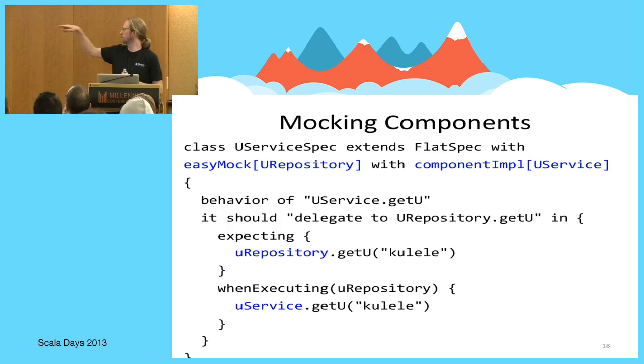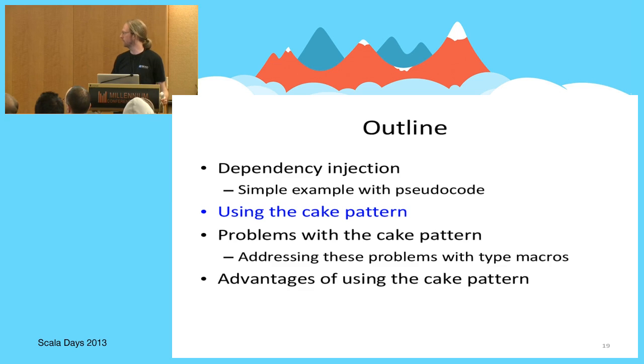So I'm going to put up some pseudocode here for U repository, a mock version of that, and the implementation of the U service. And in my test, I can call the U repository and get the mock, and I can call the service and get the real thing.